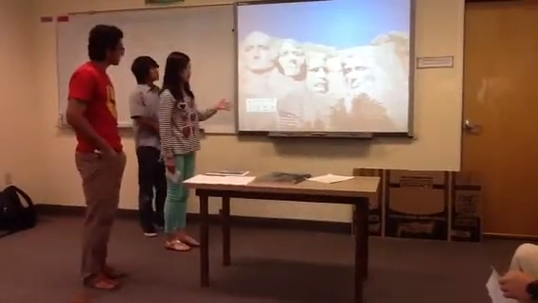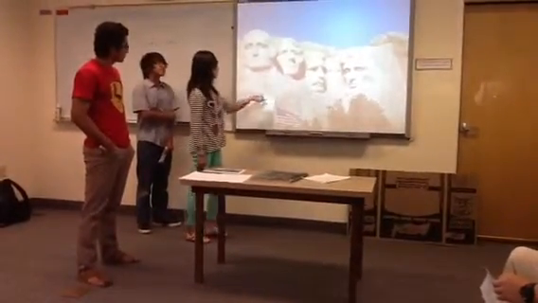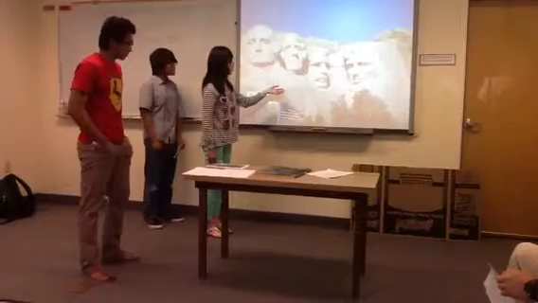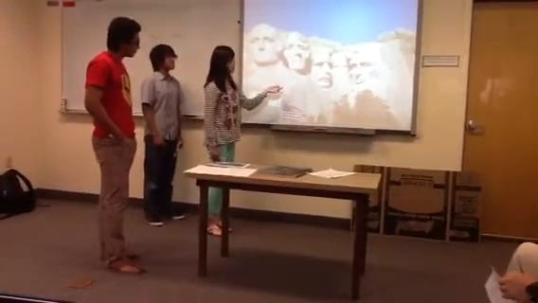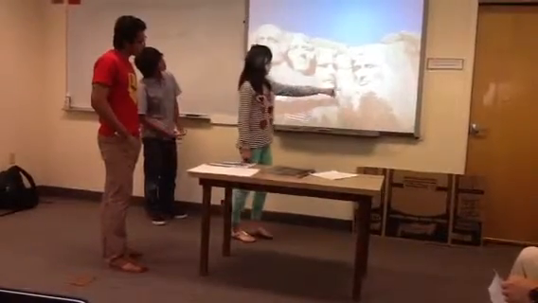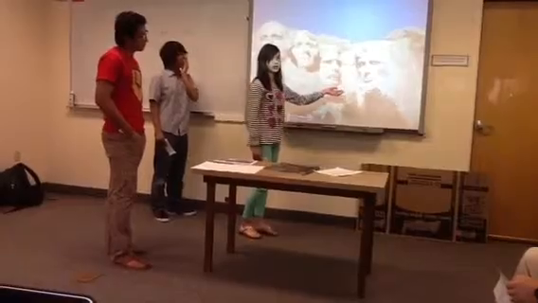Washington's face was dedicated first, in 1934, and Thomas Jefferson is the second one. His face was dedicated in 1936, and Lincoln's face is the third one, dedicated in 1937.